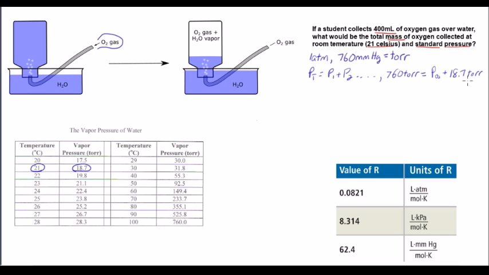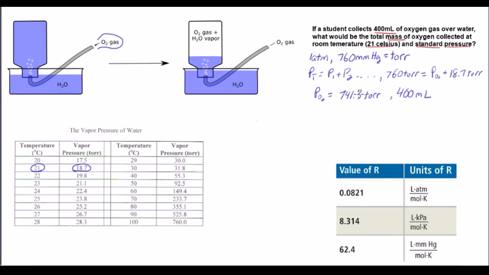So pretty much just simple subtraction here, and you're going to come up with the pressure of your oxygen equal to 741.3 torr. And of course we had 400 milliliters. So now we have something that we can work with.